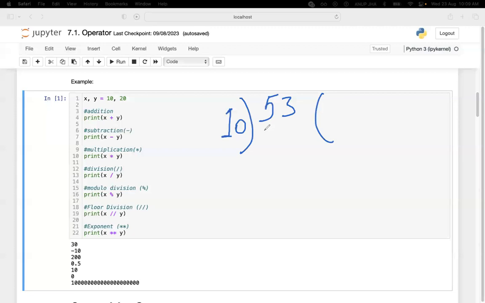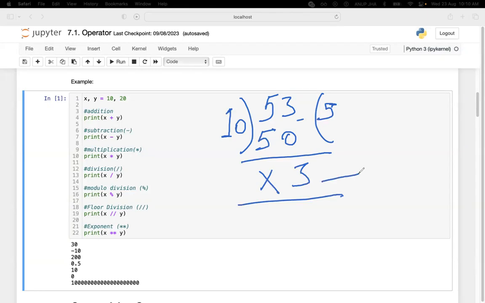How many times can 10 go into 53? 50, that's 5 times. I write 5 here, and when I subtract this, what will I get? What is the remainder? I guess 3. Yes, 3 is the remainder.